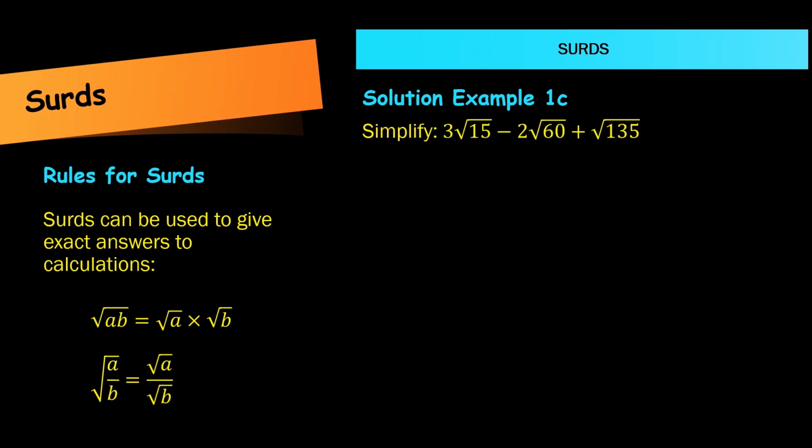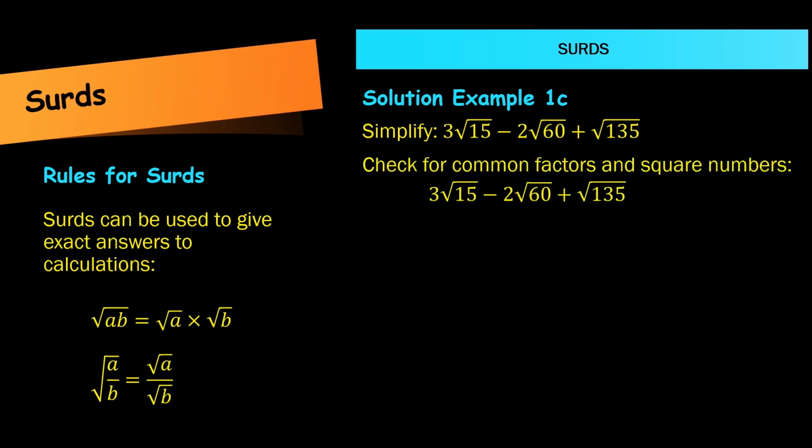Now simplify the expression shown. Again, let's break this down. We're going to check for common factors and square numbers in particular. So 60 can be substituted as 15 times 4, and 135 can be written as 15 times 9.